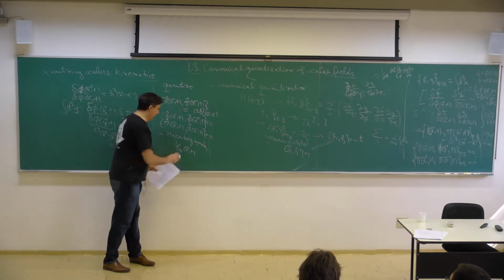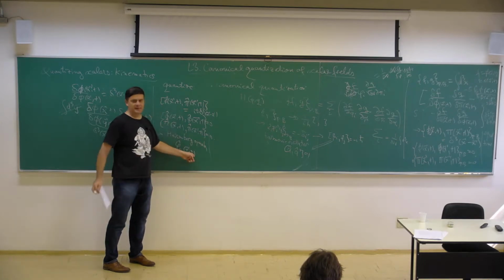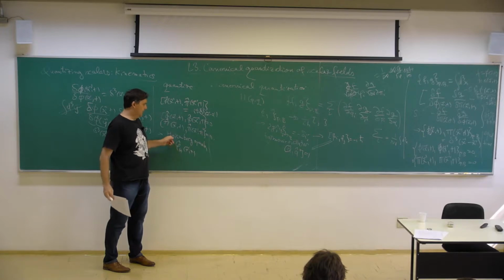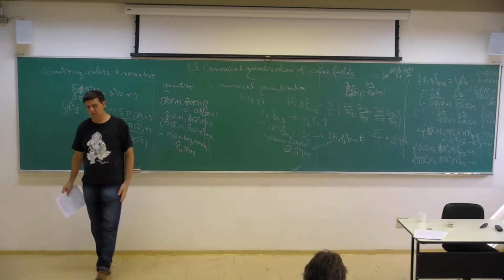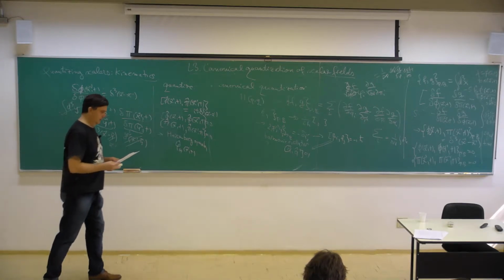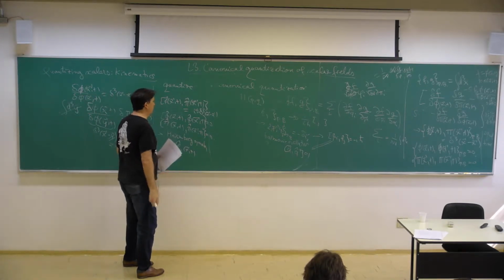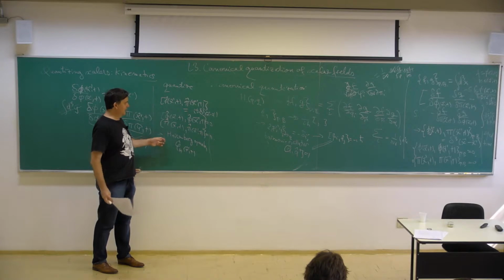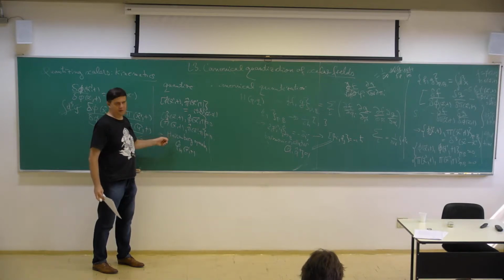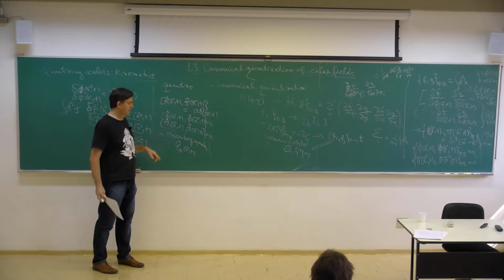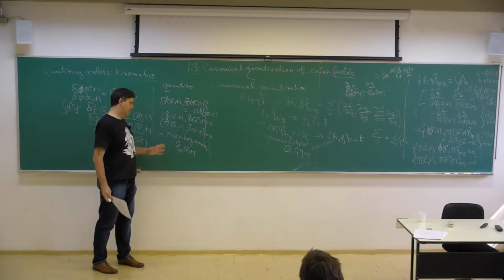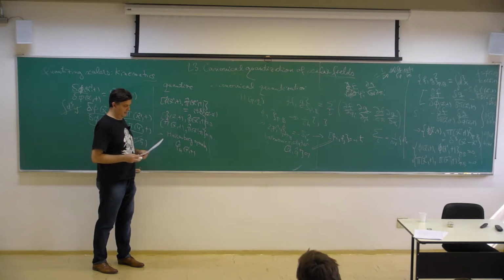Because these are operators who have an explicit time dependence. So that means that we're in the Heisenberg picture where operators depend on time, but states do not. However, we'll see later on that we'll have a variation of this Heisenberg picture, which is called the interaction picture. But for the moment, let's consider just this.